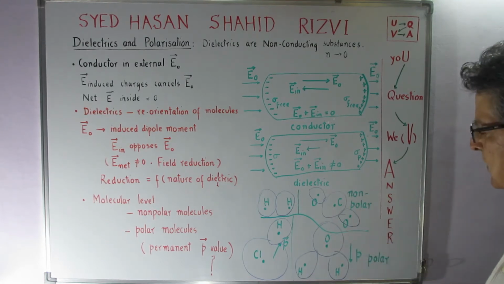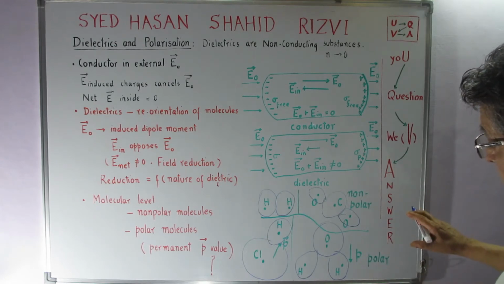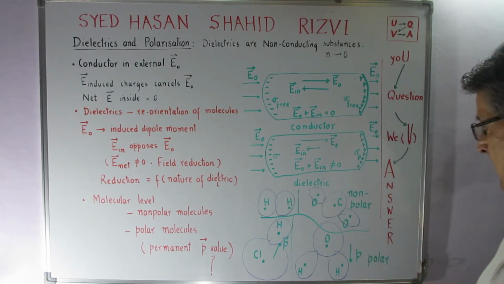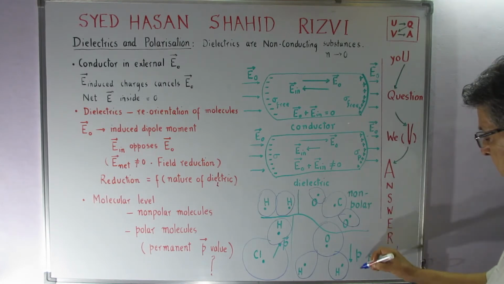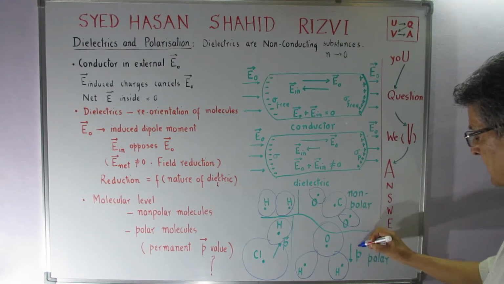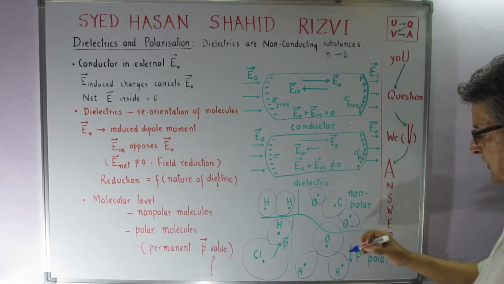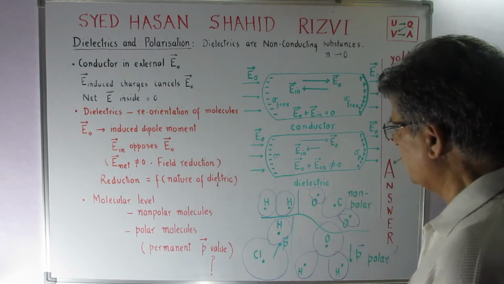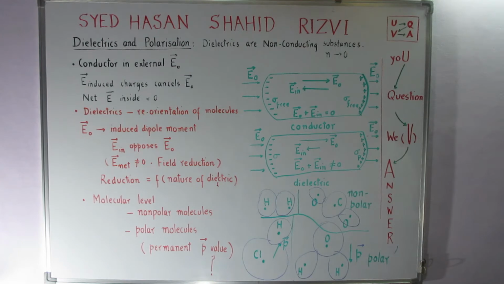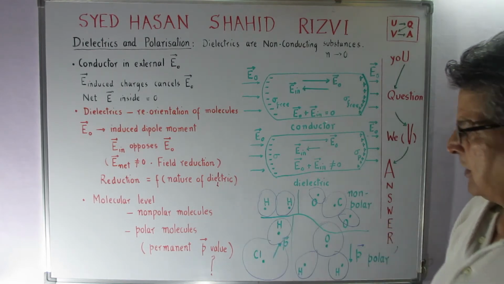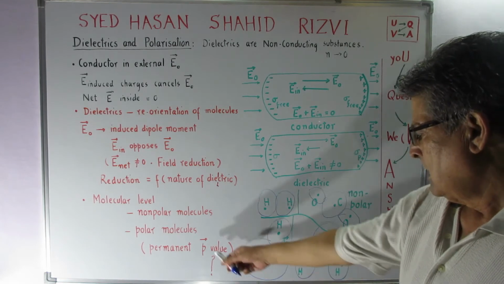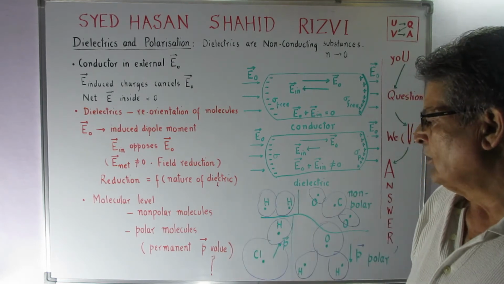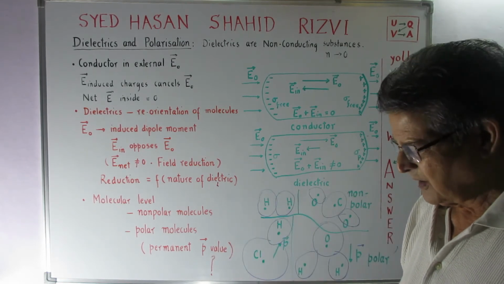I have not applied any electric field, etc. But we have a polar molecule. The dipole vector is shown to be like this, and the dipole vector is shown to be like this. In polar molecules, they have kind of permanent dipole moment vectors.